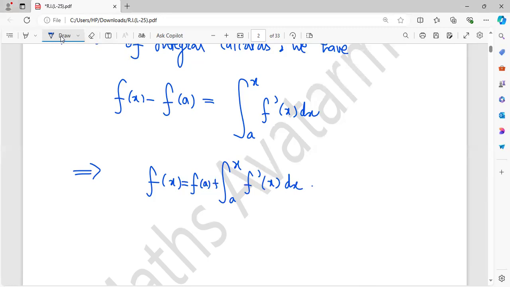And we write capital G(x) is equal to the integral from a to x of g(x) dx.